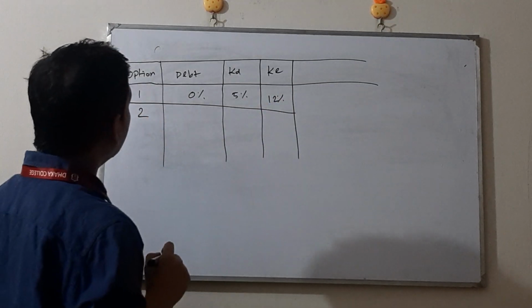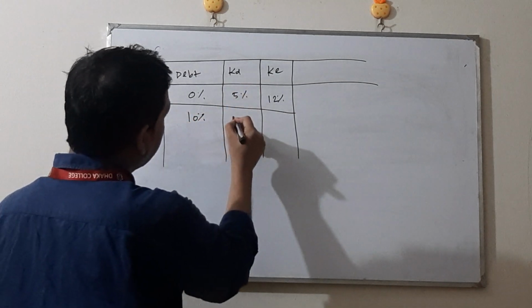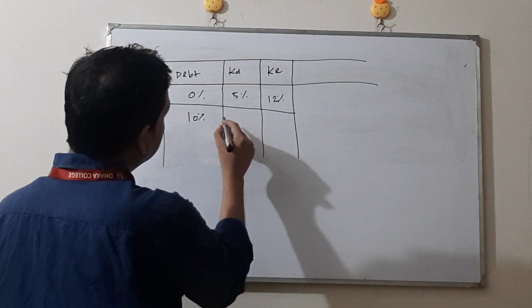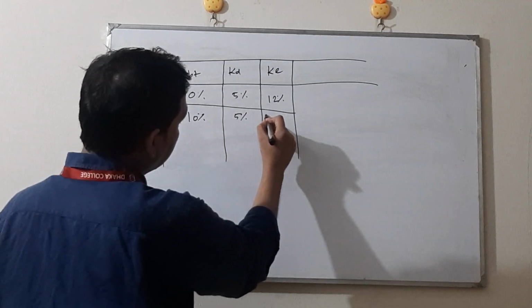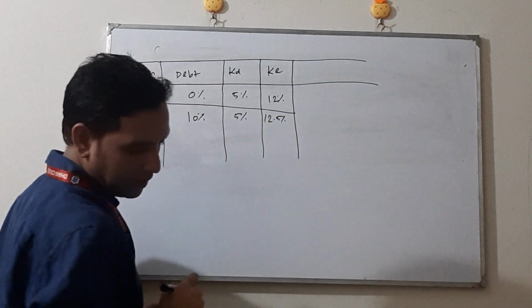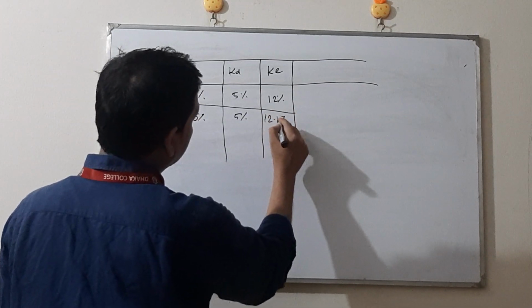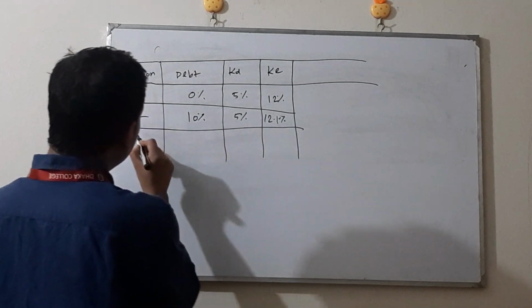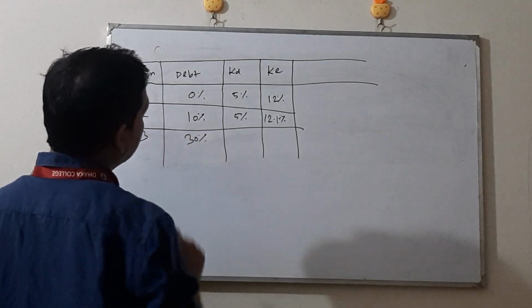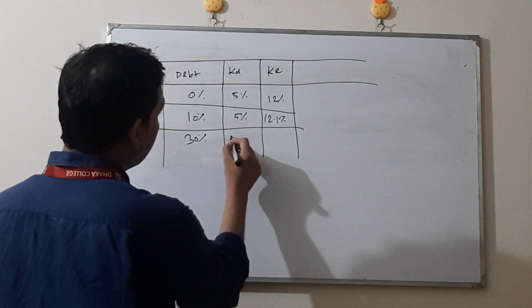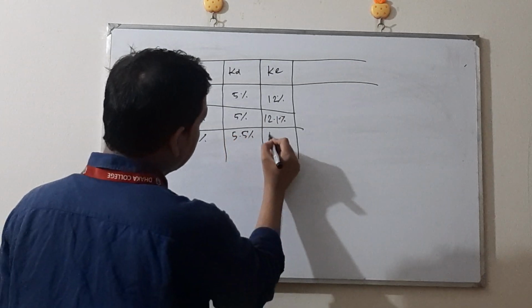In option 2, debt is 10%, and there is no change in KD, it is 5%, and K is 12.1%. In option 3, debt is 30%, KD is 5.5%, and K is 13%.